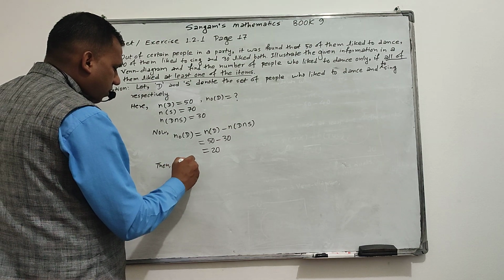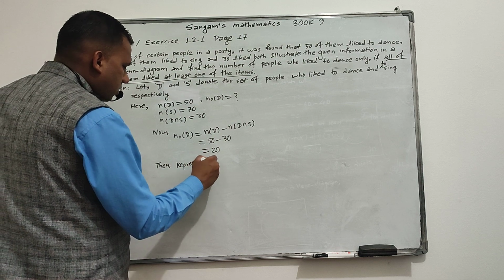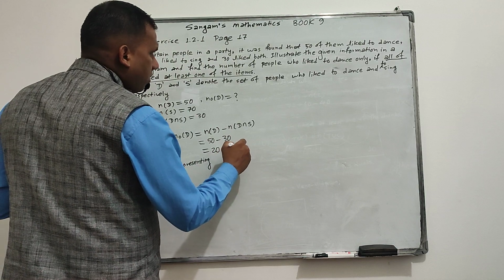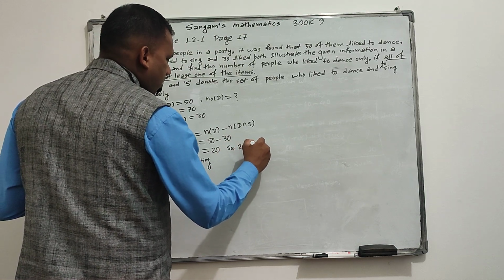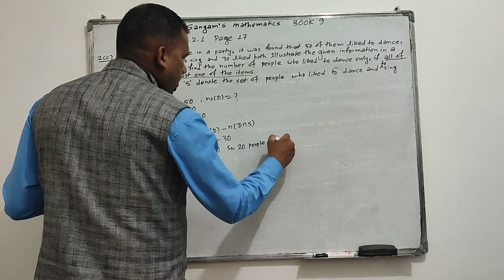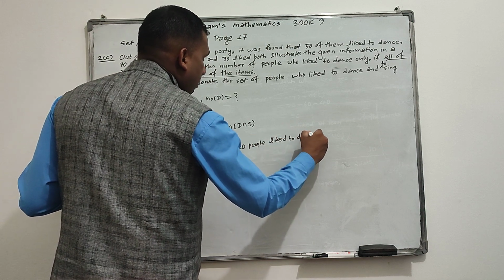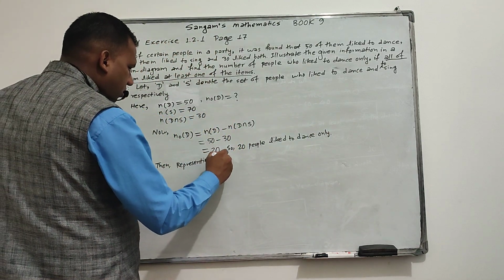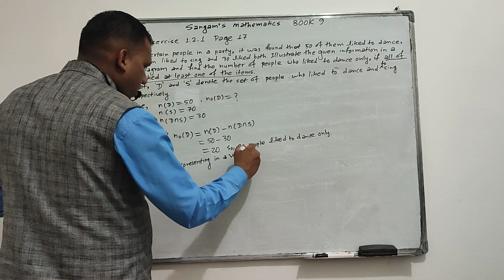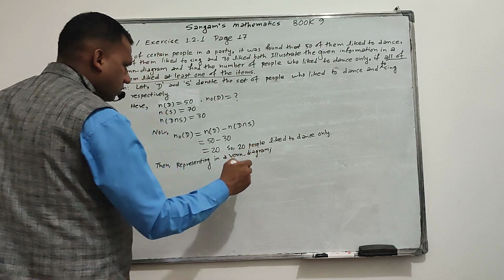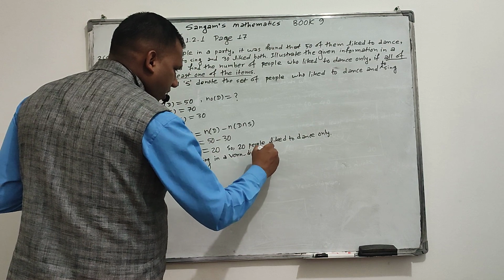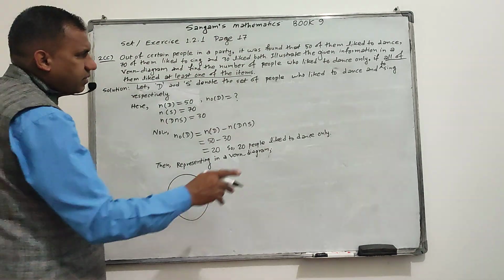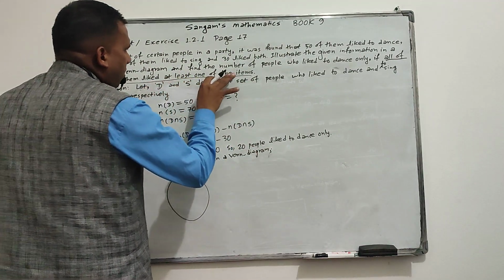representing in a Venn diagram, D is 20. So we can write 20 people like to dance only. Then representing in a Venn diagram, here all of them like at least one of the items.